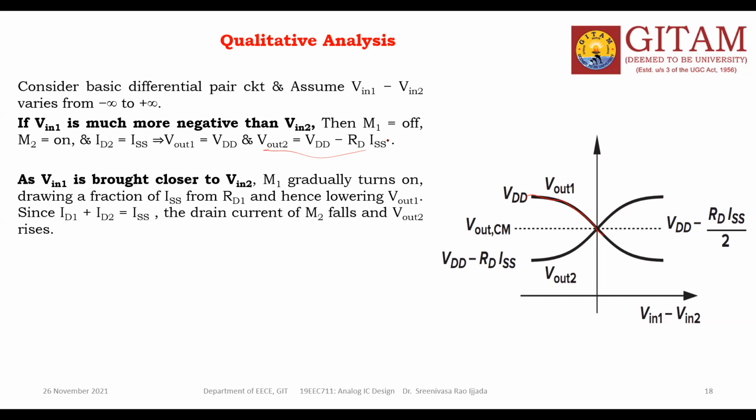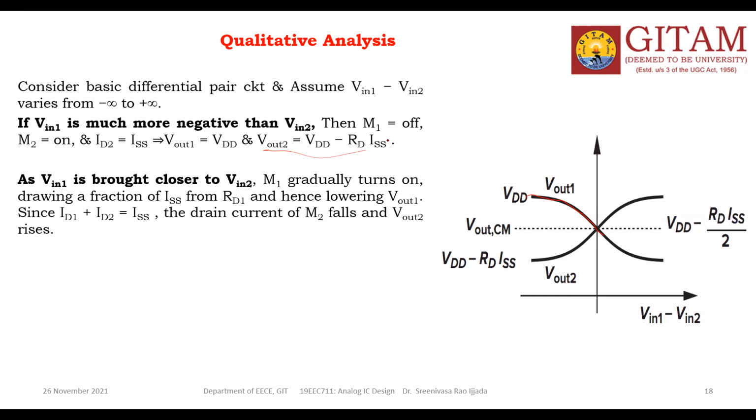Don't say half; it is based on the conduction of the device. If the device is strongly conducting, more current will be drawn. If the device is slightly conducting, less current will be drawn. So earlier the current flowing in the right side branch was ISS. Now the current is decreasing in this branch, so that the drop decreases and Vout2 is going to be increasing.